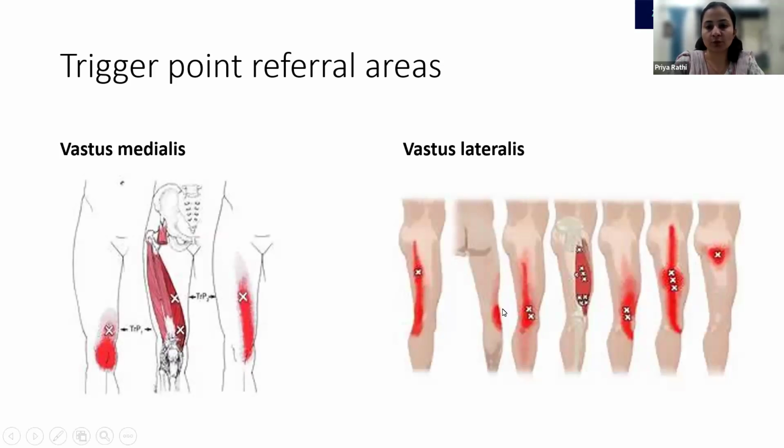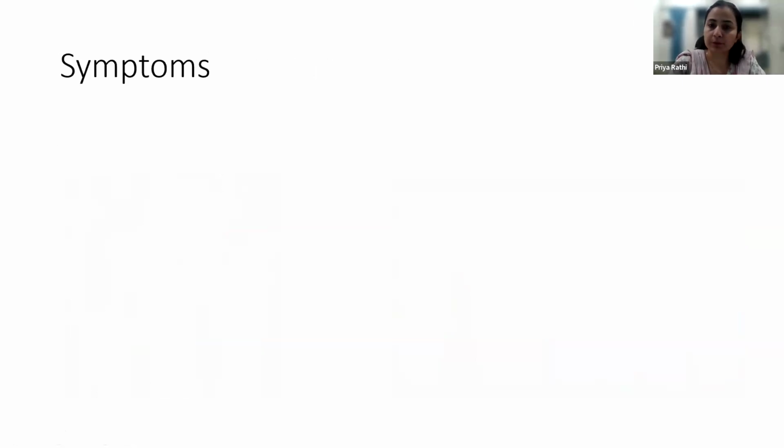It can give rise to posterior knee pain. It can give rise to pain in the upper part of the thigh, which can be very confusing with greater trochanteric bursitis. And when it gives rise to pain on the lateral aspect of the knee, it can be confused with IT band syndrome.